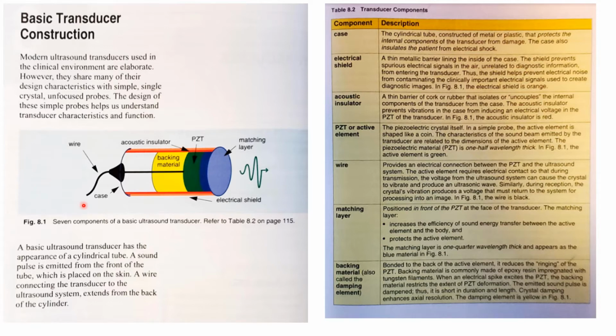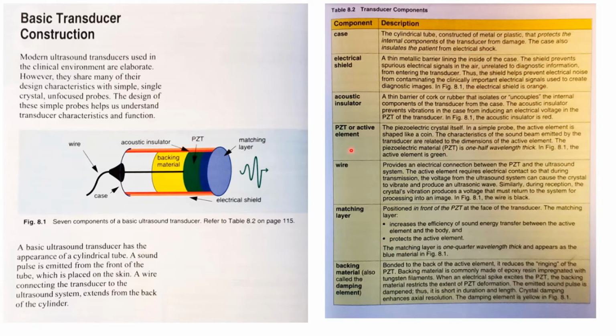The case is the outer surface. There's the electrical shield, which keeps electrical signals from coming in and electrical signals inside from going out. The acoustic insulator again keeps sound from going in and going out.